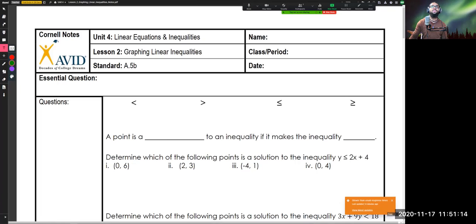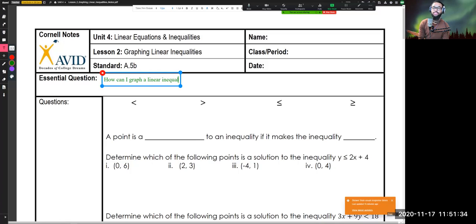For this one, we are going to ask: how can I graph a linear inequality using slope intercept form? We want to use slope intercept form. Slope, slope, slope. All right.